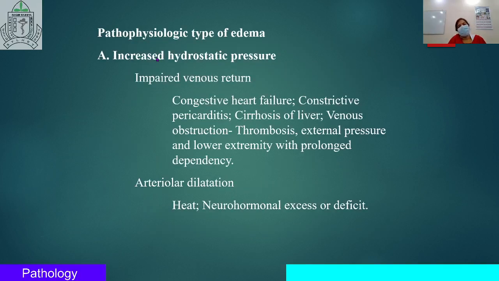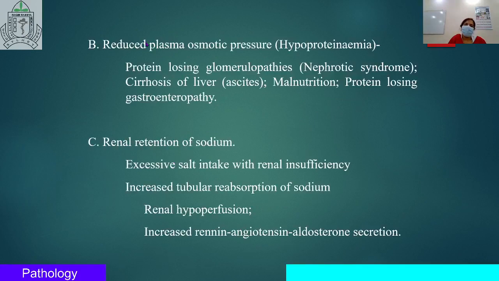First important cause is increased hydrostatic pressure, which may occur due to impaired venous return or arterial dilatation, and reduced colloidal osmotic pressure due to hypoproteinemia. Another important cause is renal retention of sodium.